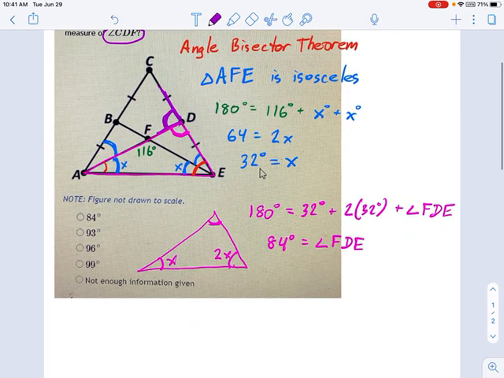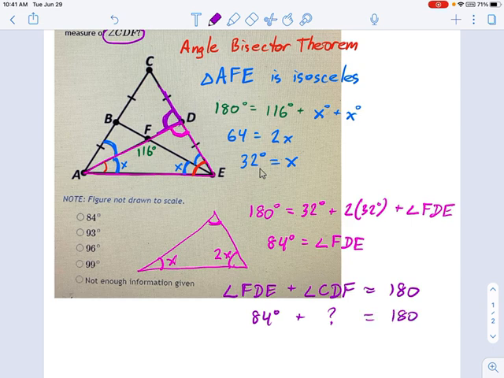So if I add up angle FDE and angle CDF, CDF is what I'm looking for, that sum has to be 180 degrees. So what we're saying is 84 degrees plus this thing that I want is 180, so I just do 180 minus 84, which is going to be 96 degrees. Okay, so that is your answer.